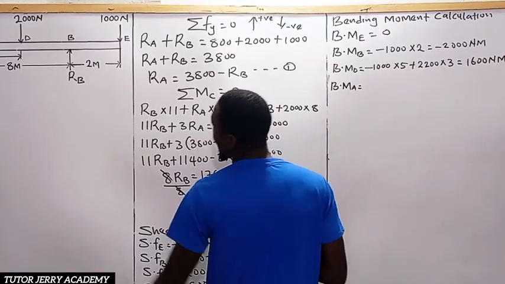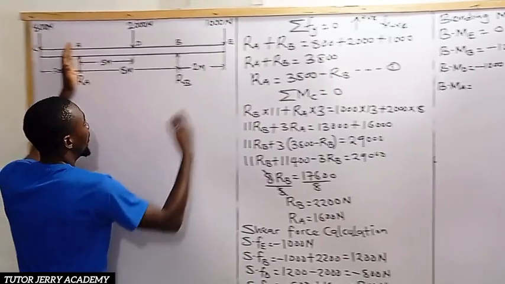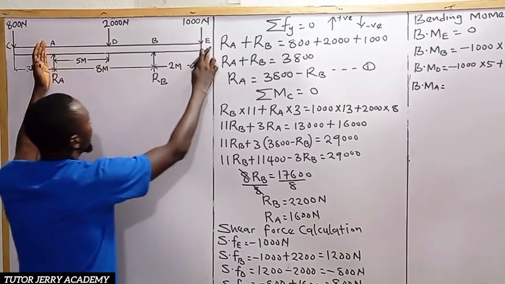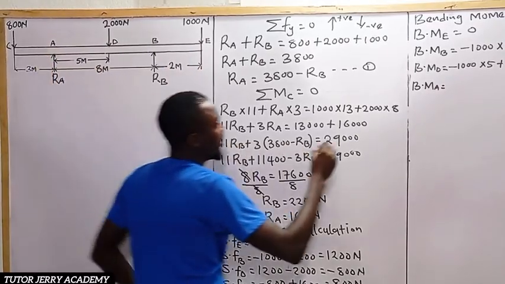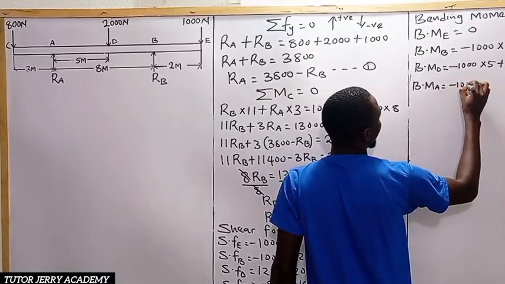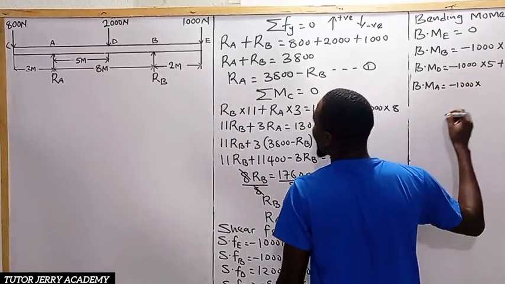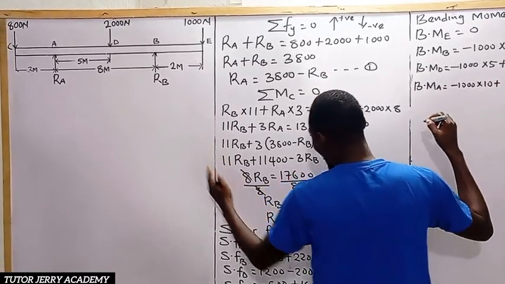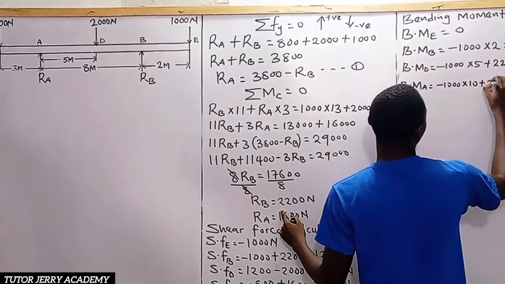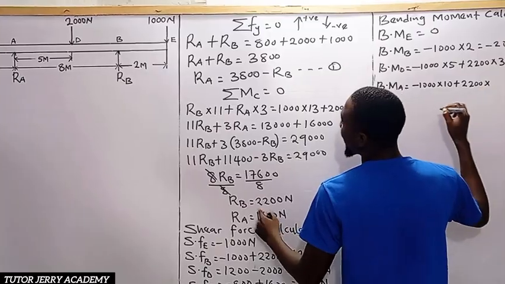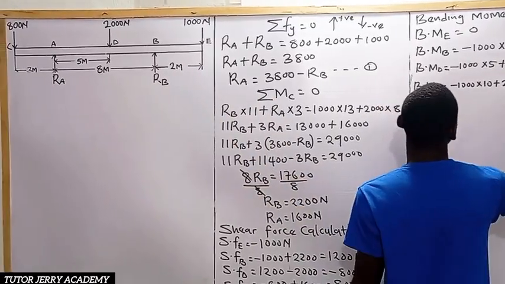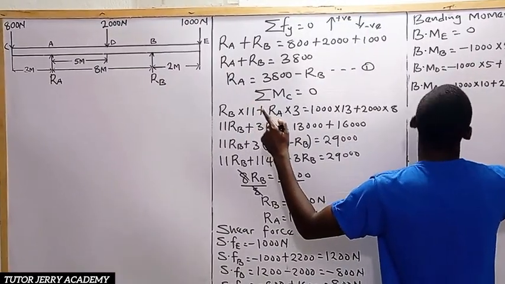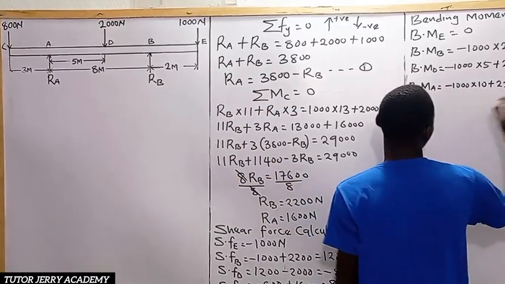Alright, so the bending moment at point A. If you stand at point A here, from this point to this point, so negative 1,000 multiplied by total distance there, which is 10, plus our upward force, that is RB, that is 2,200 multiplied by total distance there, which is 8, then minus 2,000 multiplied by 5.